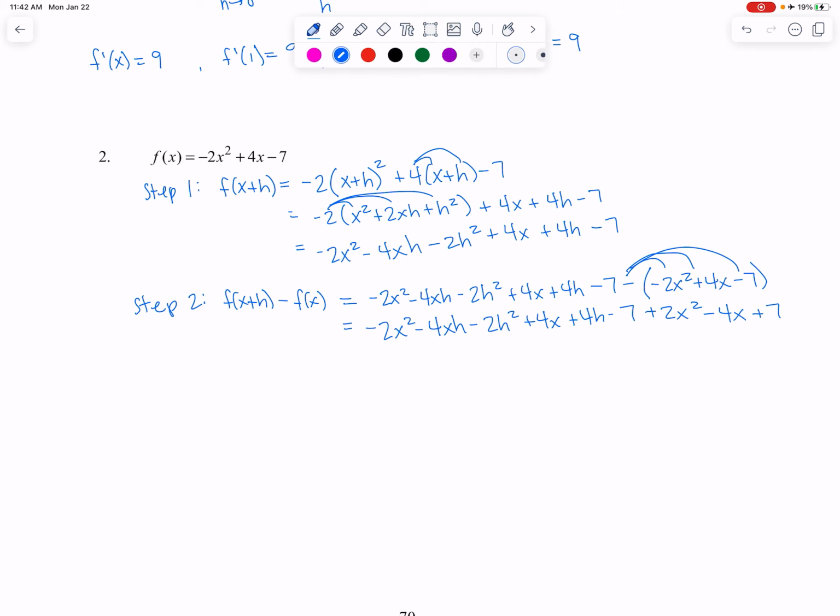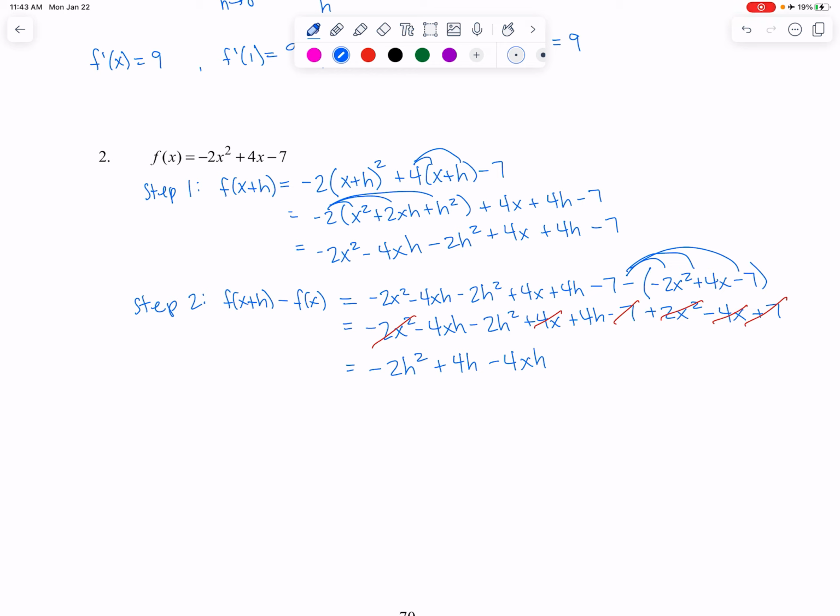Can anything cancel? So negative 2x squared, positive 2x squared, positive 4x, negative 4x, negative 7, positive 7. My favorite part. Okay, negative 2h squared plus 4h minus 4xh.